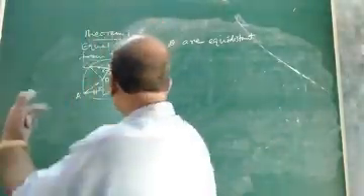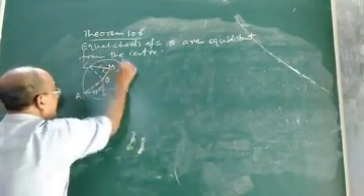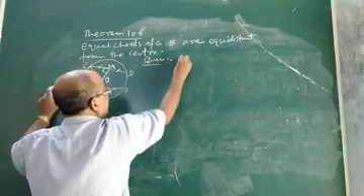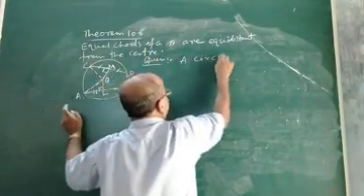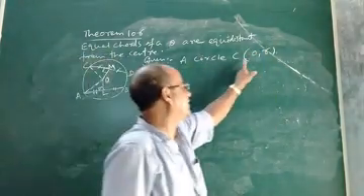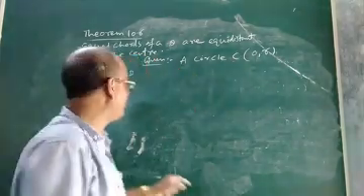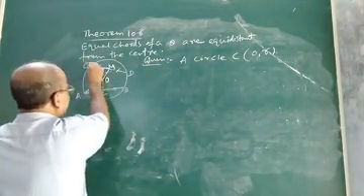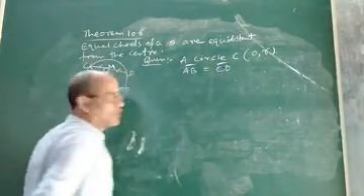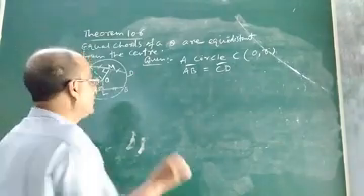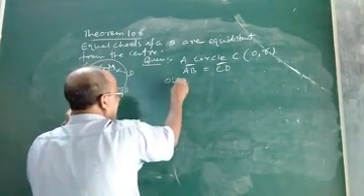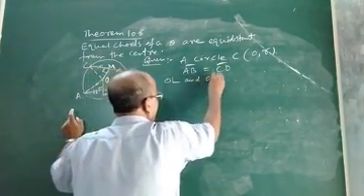How to prove it? Suppose you are given a circle C whose center is O and radius is R. AB and CD are two equal chords, that is, chord AB is equal to chord CD.